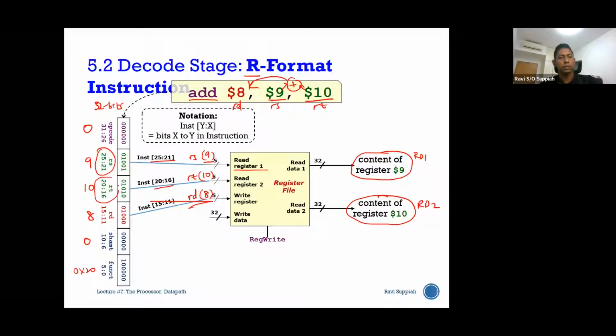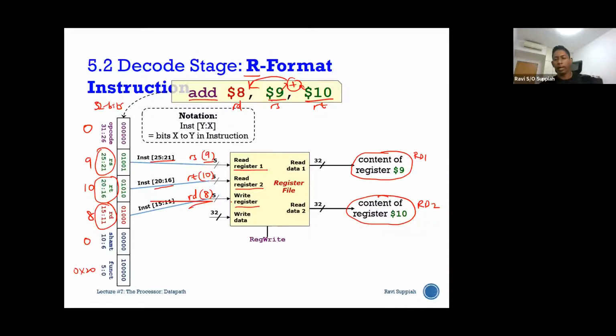Bits 20 to 16 are the other register I want to read, so it maps directly to read register 2. And bits 15 to 11 are the register I want to write back to, so it also maps directly to the write register. This sort of hardwired connection will work perfectly well as long as it's only R type instructions.